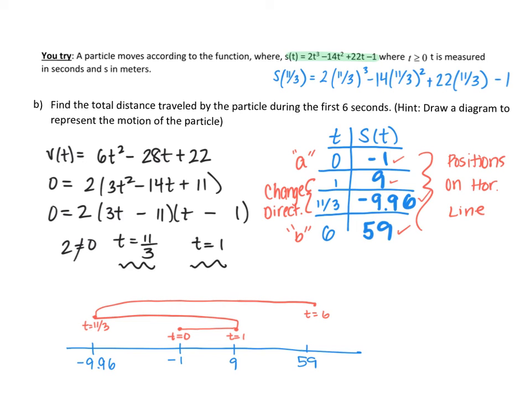So if I want to calculate the distance this time, I'm going to have to add up all of the pieces. So from negative 1 to 9, how many spaces did I go? Well, negative 1 to 0, if 0 were here, there would be 1 space and then 9 more, so that's 10. So we can go ahead and say from here to here is 10, right?